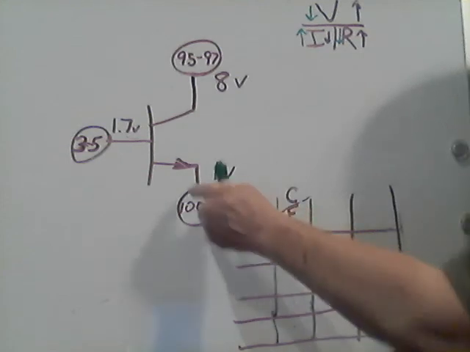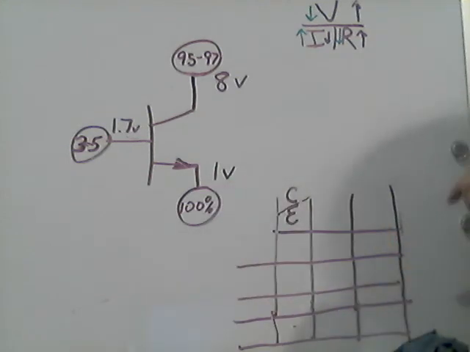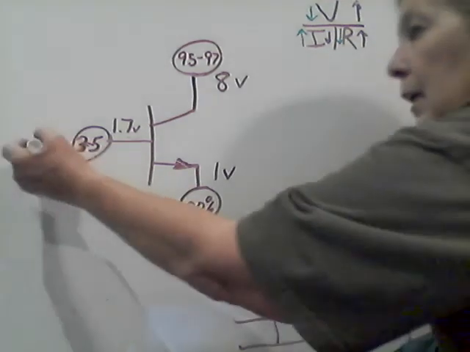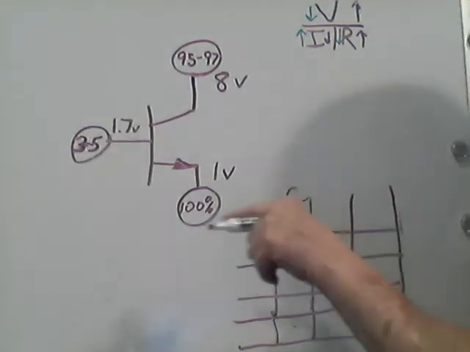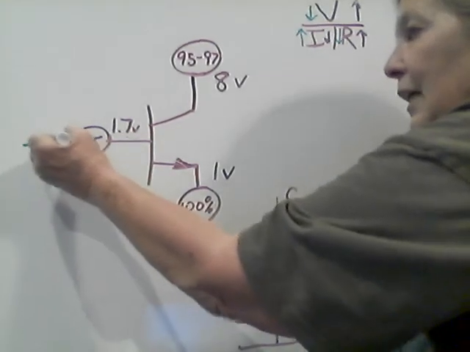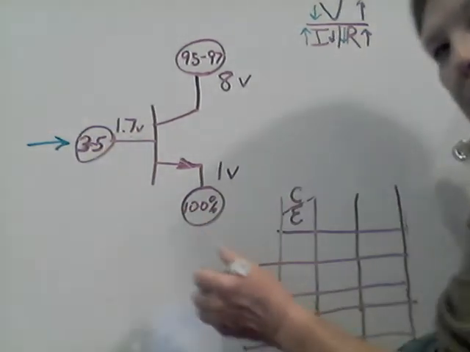That means this emitter was common to the in and the out, like we talked before. So that means that my in, this is the common point, and I want to look at the unique points like I did on the last video. So my unique in is on the base.